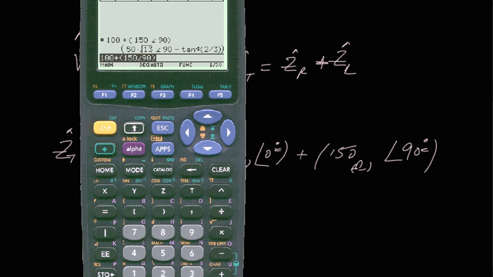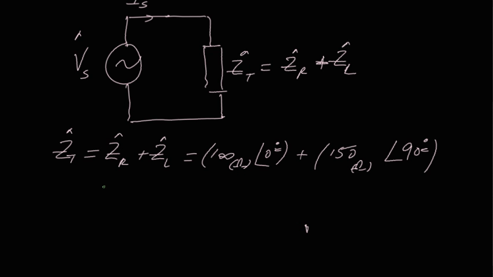All right, so what's the end result? We get 180.28, 56.3. So ZT is 180.3 ohms, I rounded, by the way, and the angle is 56.3 degrees.